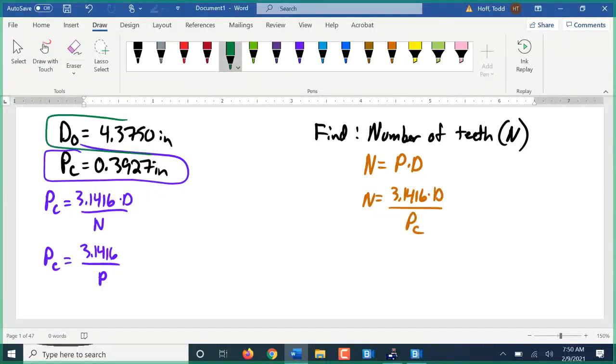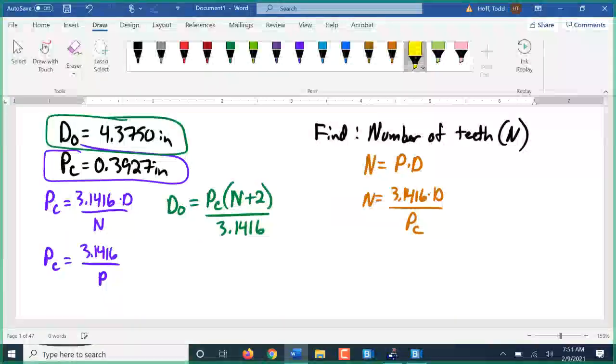Look at formulas for the outside diameter. We've done this a couple times here. I am going to look down the second formula rather than writing them all out. The second formula for outside diameter is the circular pitch times n plus 2 over pi, 3.1416.